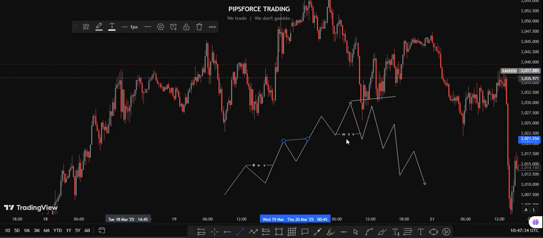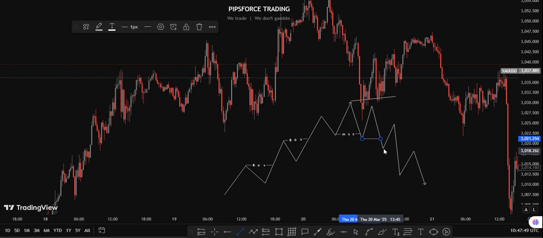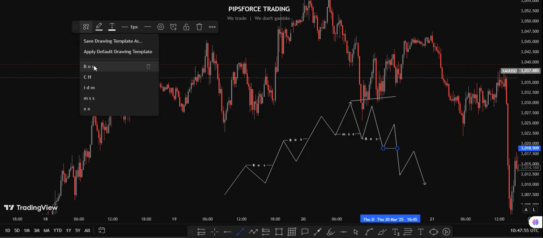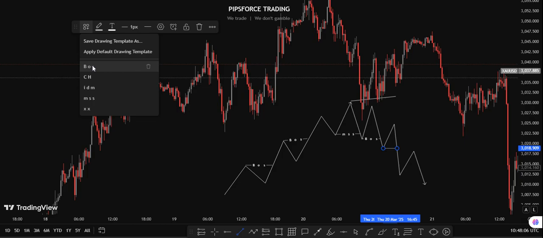So if immediately we see this shift in market structure, we will now be expecting price to be breaking structure to the downside, giving us a break of structures to the downside. And that literally confirms a market structure being bearish. So these are the things that you need to look for, and all this is your market structure, right?